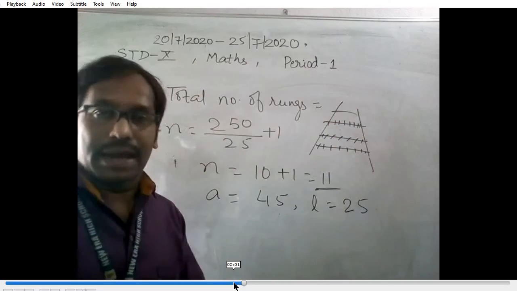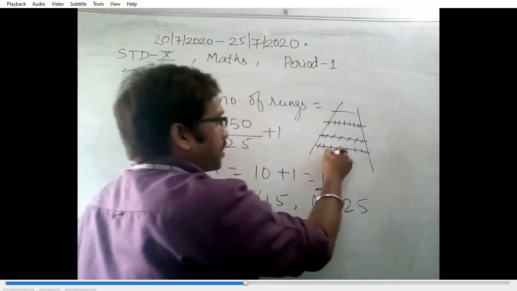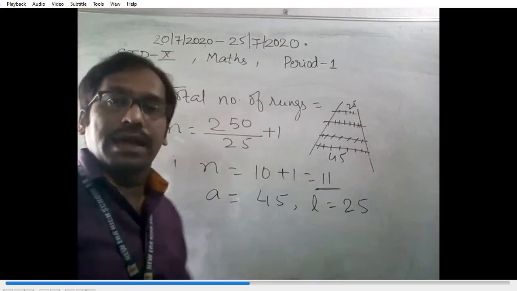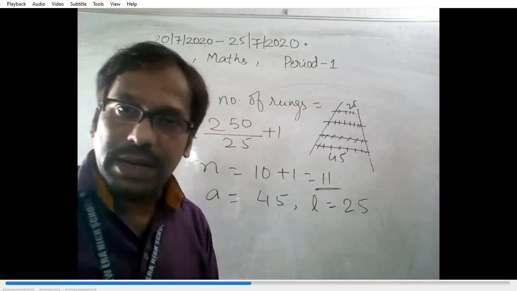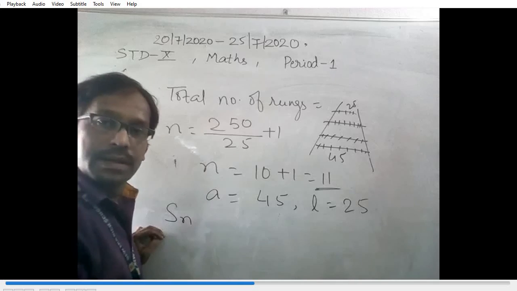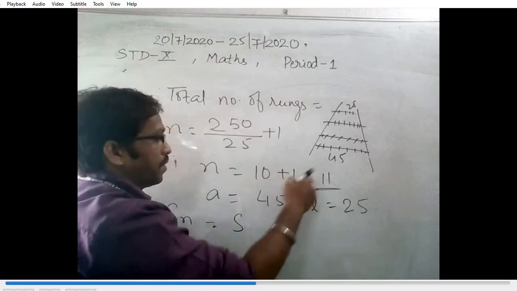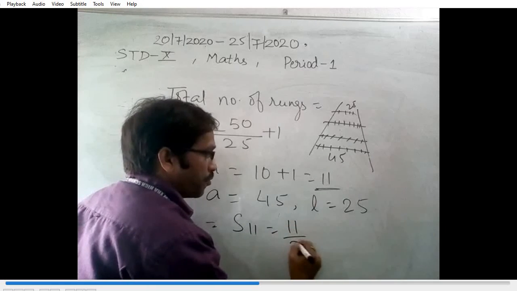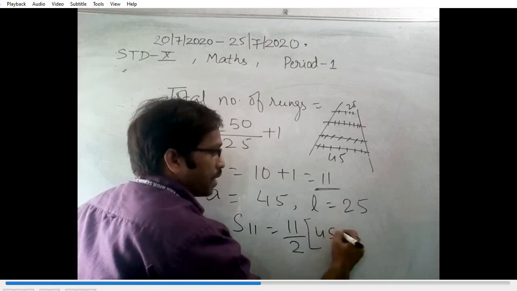So I have to find the sum of n terms, and this n is equal to 11. Now I will apply that formula and see what happens. Sn is equal to n by 2 (a plus l), with n equal to 11, so I will find the sum of 11 terms. That is 11 by 2 into (45 plus 25).